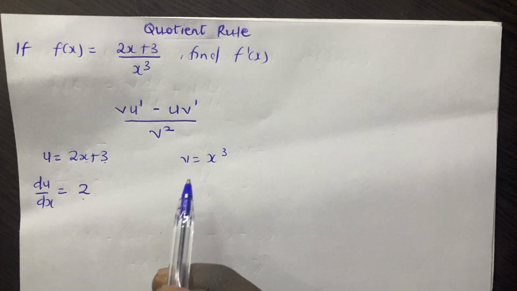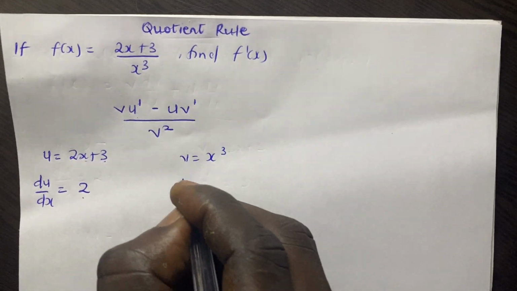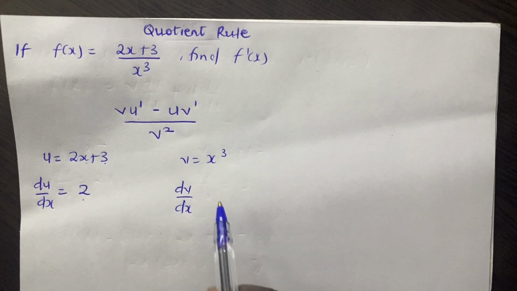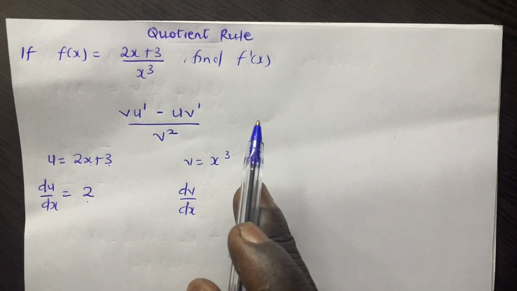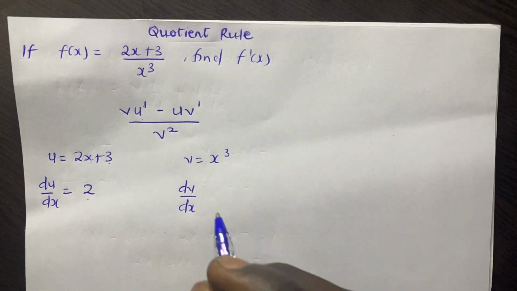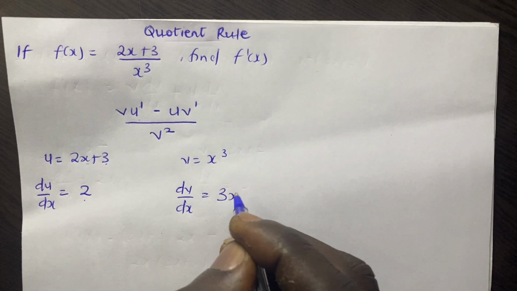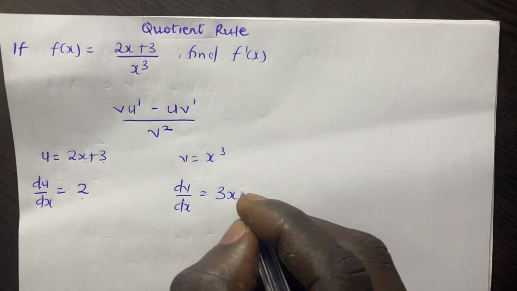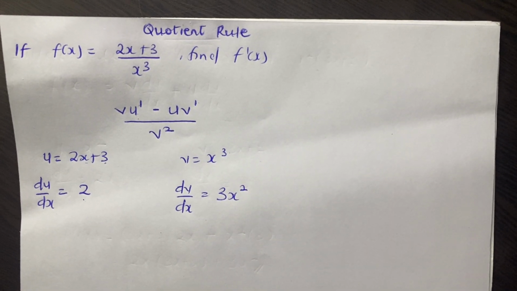That's 2. And here, when you are being asked to differentiate dv dx, we have to multiply the whole expression by the power and subtract 1 from the power. So you multiply this whole thing by this, which is 3x, and you subtract 1 from this, and then we are going to get x squared, right?